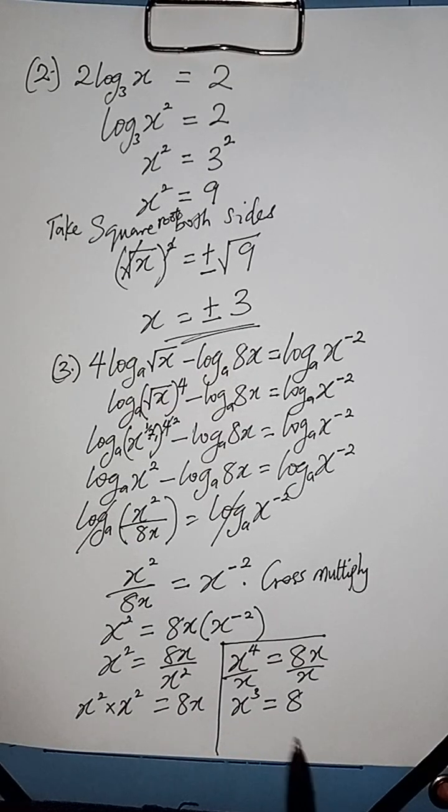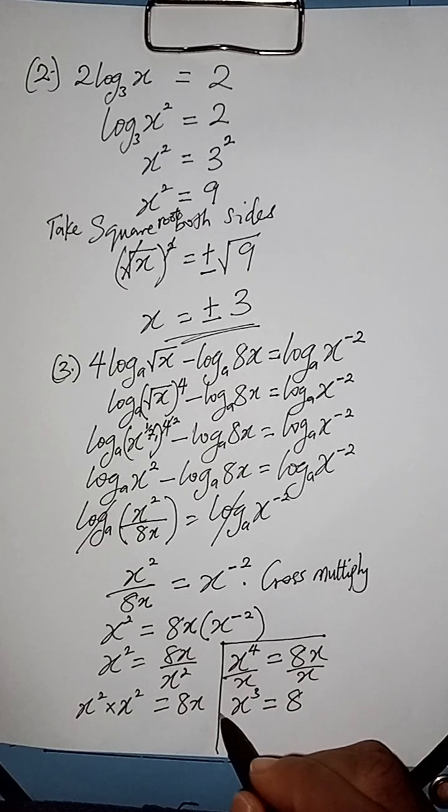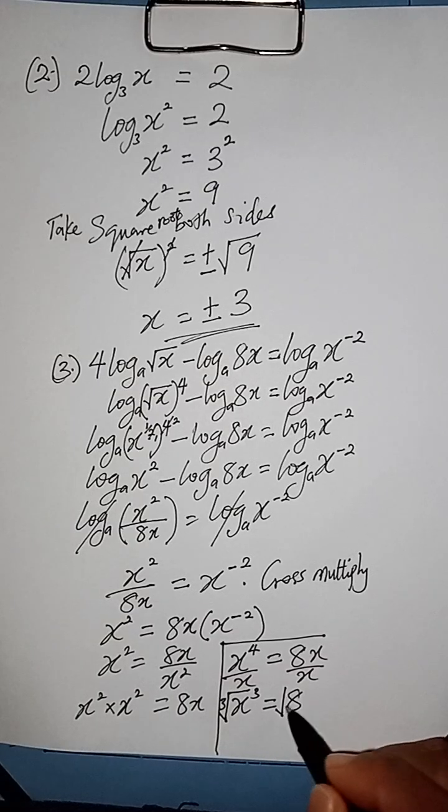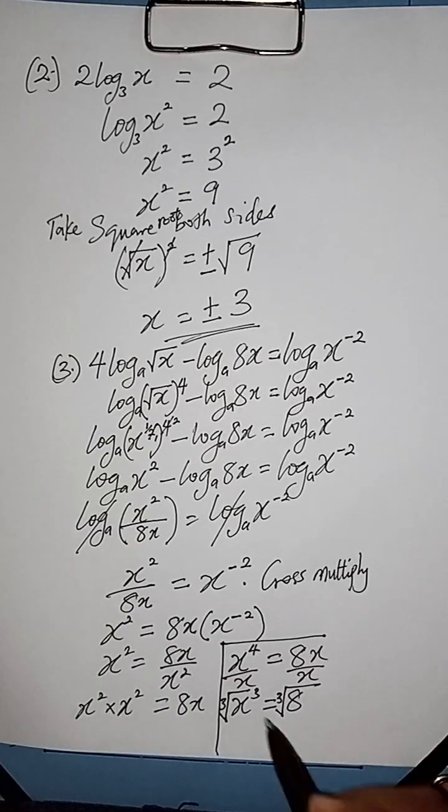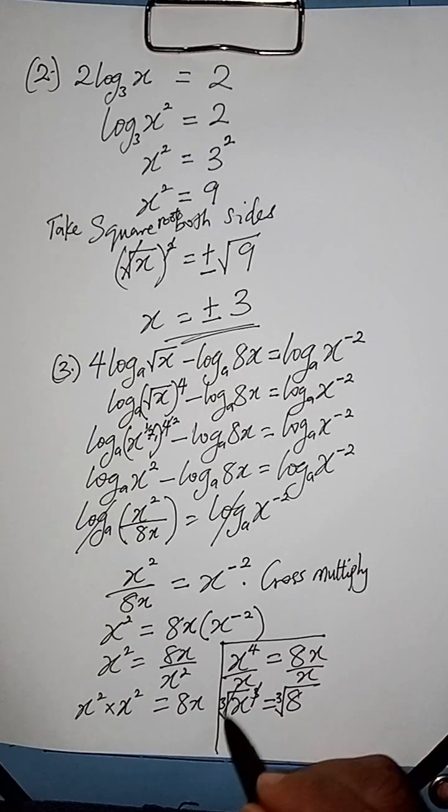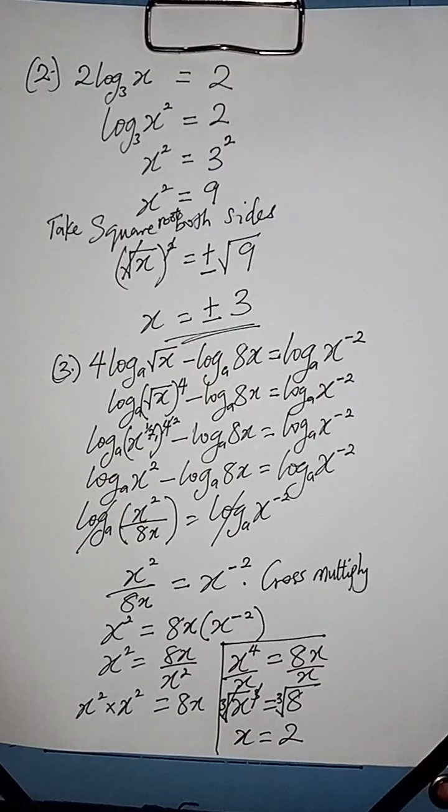Now, to get your final answer, what do you do? You take the cube root of both sides. That way, you eliminate this cube, and the final answer will be 2. It's 2 because when you multiply 2 three times, it's going to be 8.